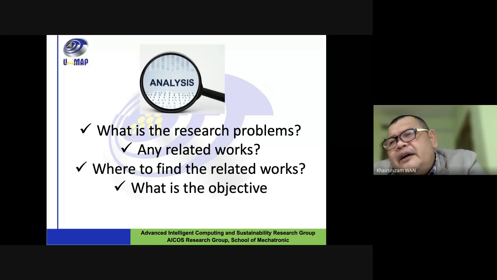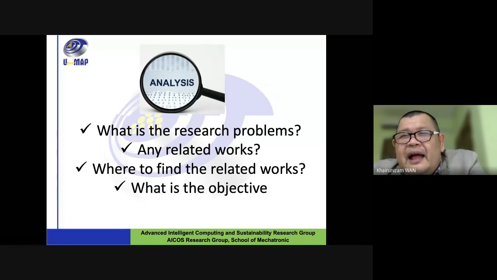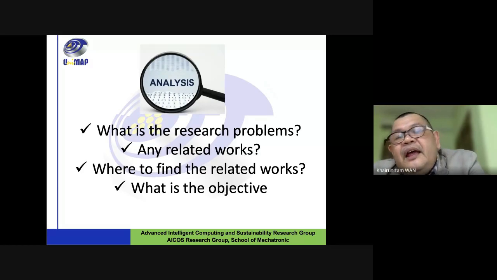You can find them in publication databases, for example IEEE Xplore, or in Elsevier, and you can also use Google. This is where you can find the related works published by previous researchers.